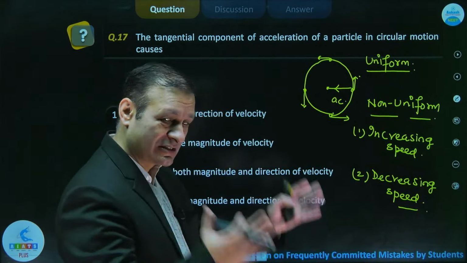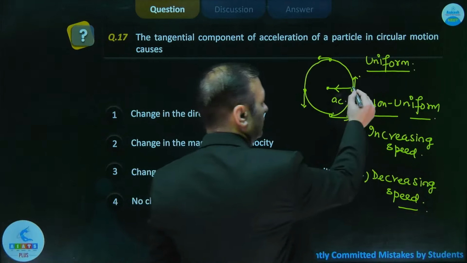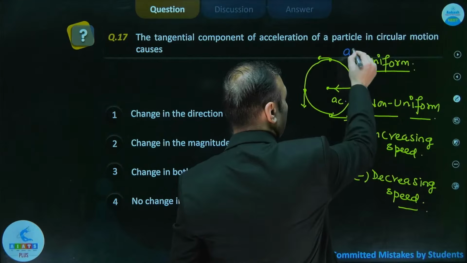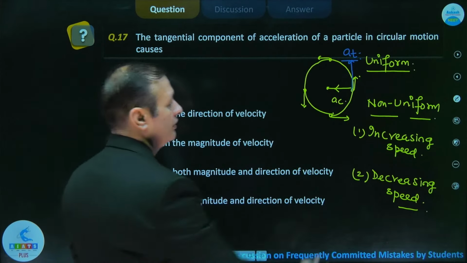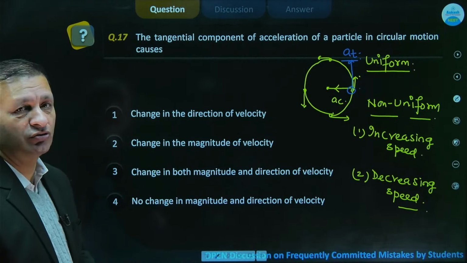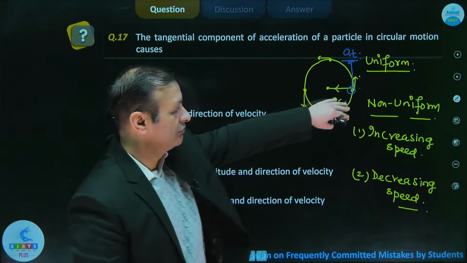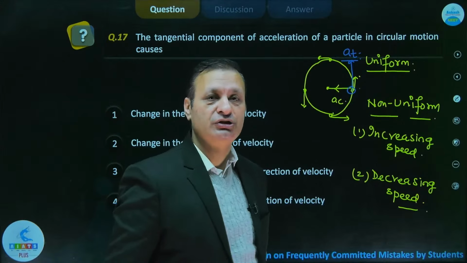So because of this, you have another component. You have tangential acceleration, in addition to centripetal acceleration. Centripetal acceleration is also there. Centripetal acceleration gives you the change in the direction, but not the change in the speed, the magnitude.